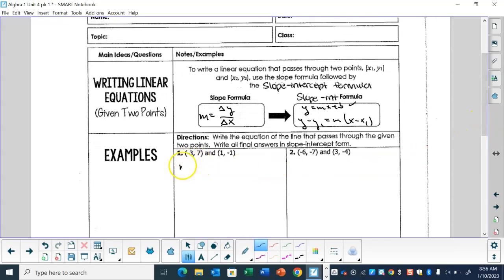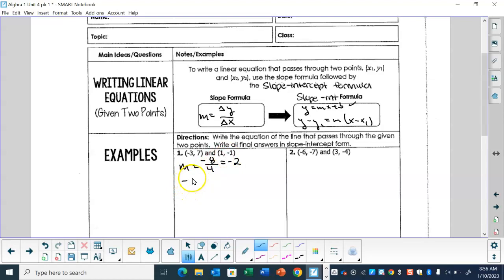So we have to find our slope m here. Changing y to go from 7 to negative 1, we're going down, so it's negative 8 spaces. Then negative 3 to 1 is up 4 spaces, so my slope is equal to negative 2. Having that, I could pick either point, it doesn't matter which. I'm picking this one with the 1s.